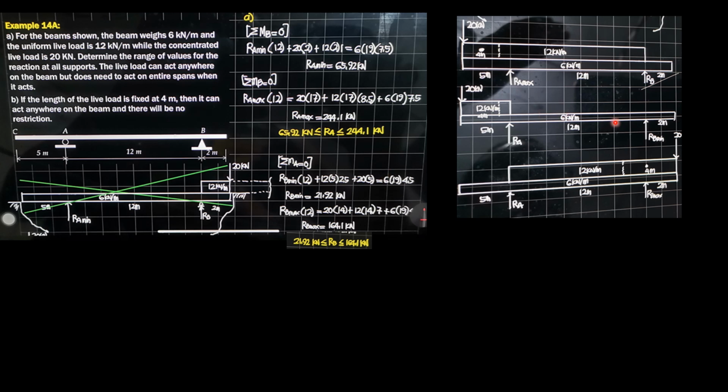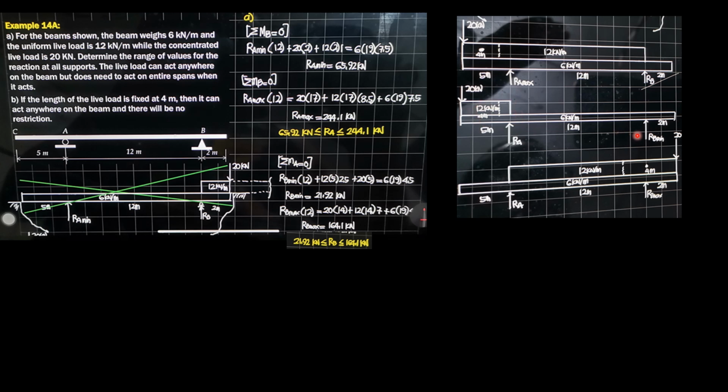Then for RB, so we push reaction at B. This one is the influence line for RB. This portion is negative, so that means we have to load this part by the uniform live load, and concentrated load at the left end to cause minimum reaction at B. So that's why this is the loading situation.